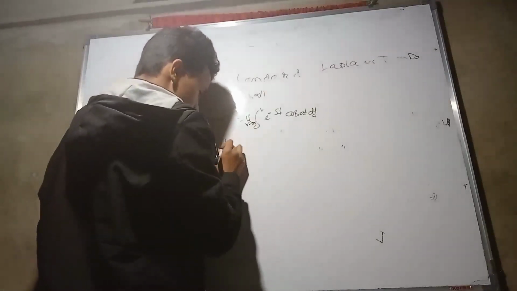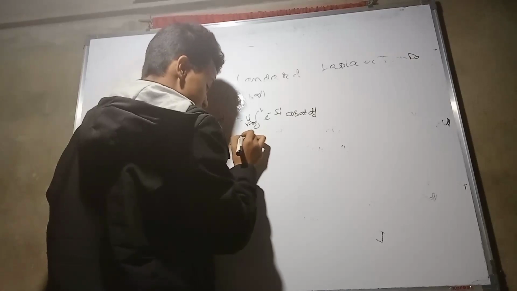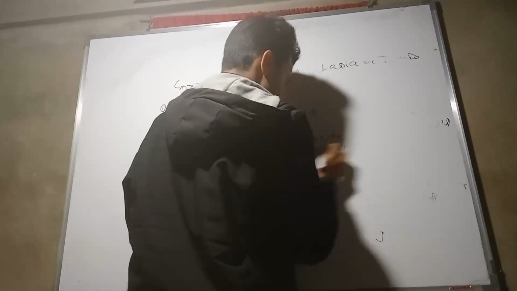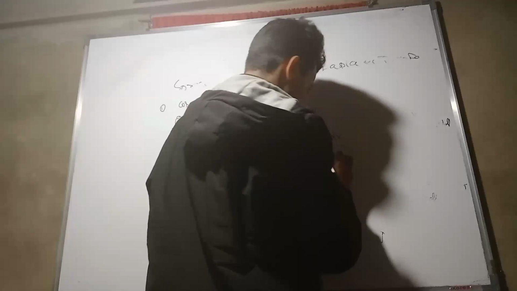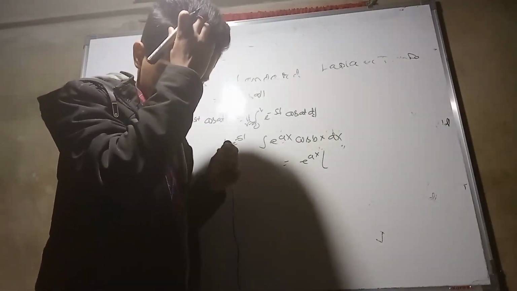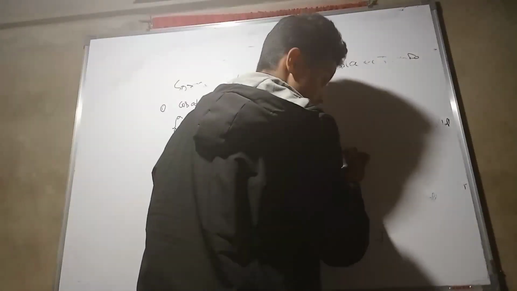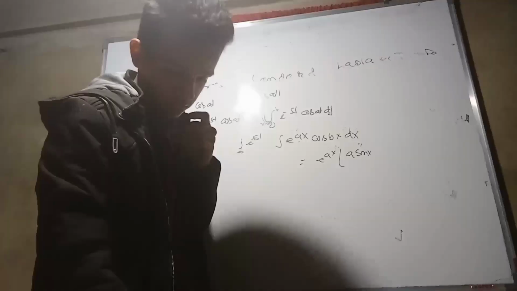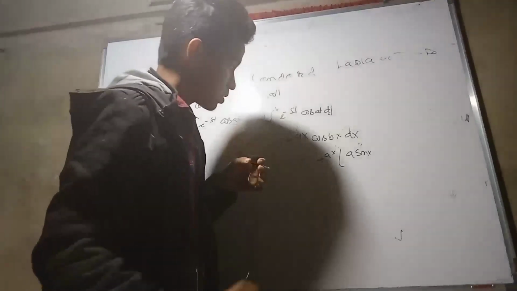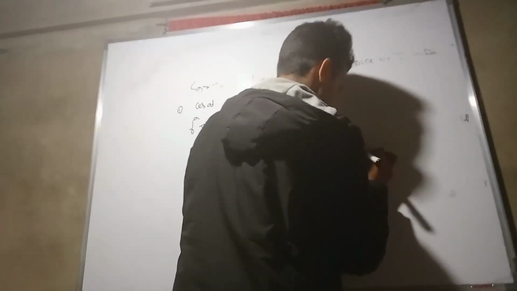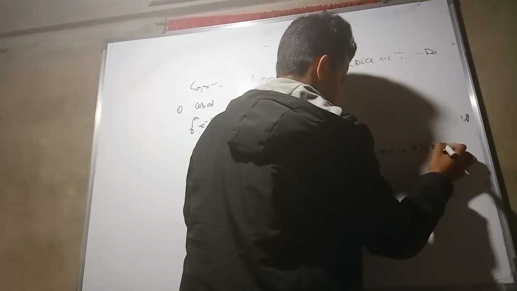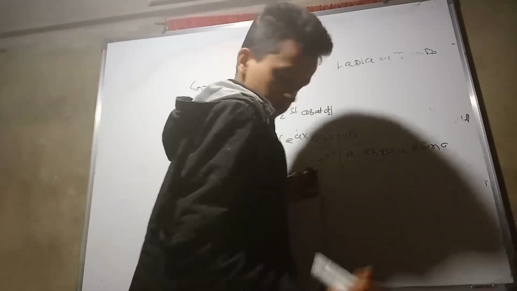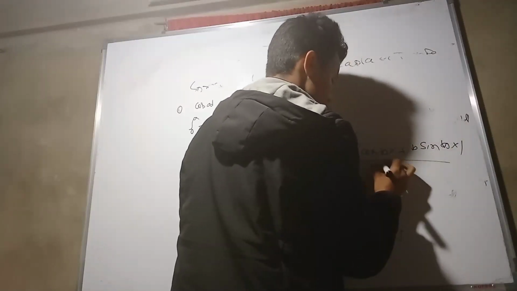Now we know that the integral of e to the power minus sx cos bx dx equals e to the power minus sx times (minus s cos bx plus b sin bx) upon s squared plus b squared.